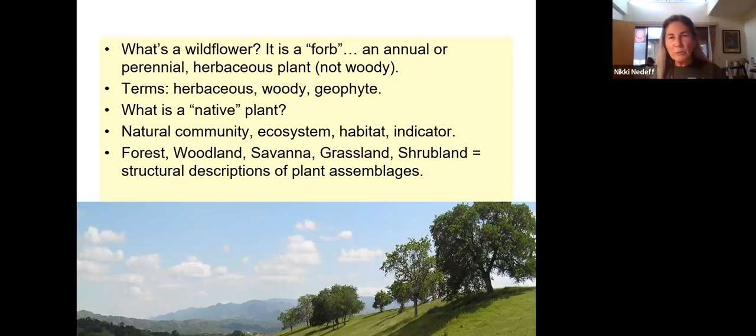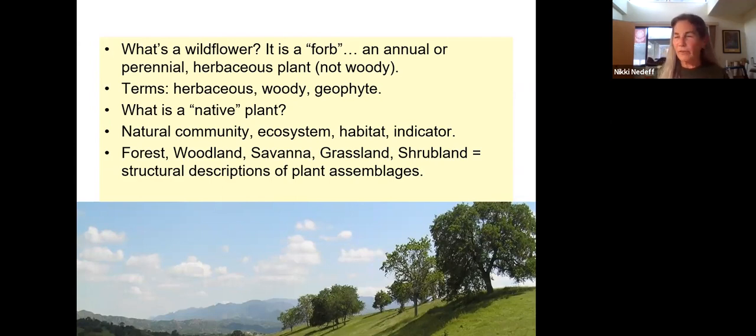So natural communities, ecosystems, and habitats imply an interaction of some organisms. It's not just plants, it's not just insects, it's the whole assemblage of things that work together. And usually we characterize those by the plant assemblages.